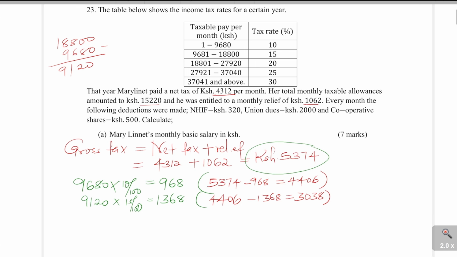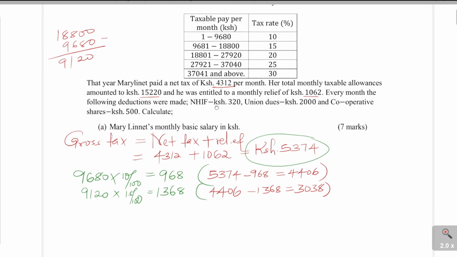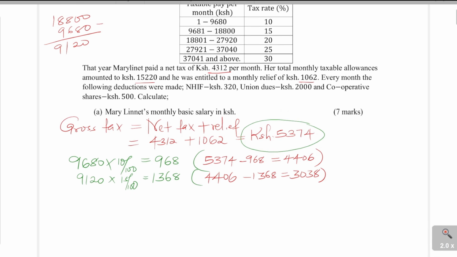So every slab we're moving, it should be reducing. So we go to the next slab. The size of that slab is 27,920, subtract 18,800.